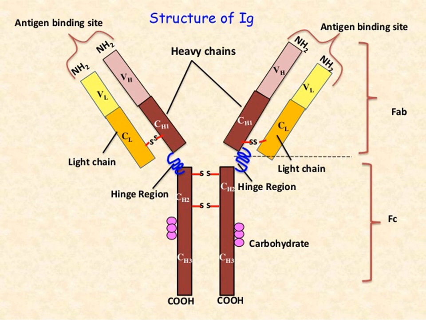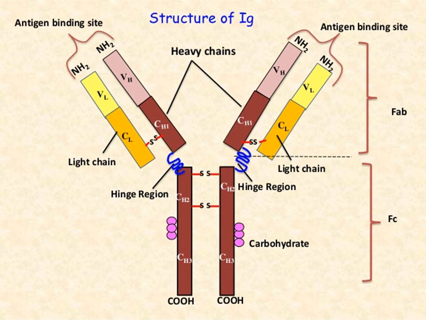Their number differs. The light chain consists of 1 variable region and 1 constant region, and you can see clearly in the yellowish portion, denoted as VL and CL.